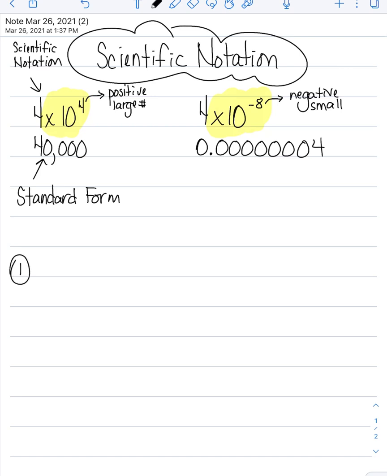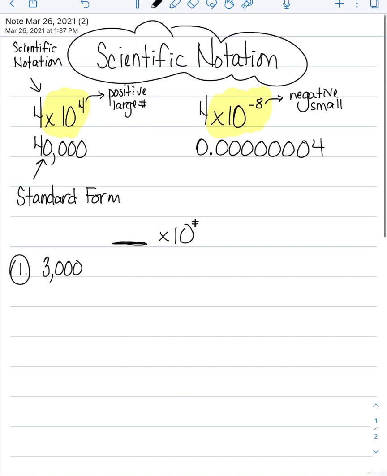So here's how we do it. The first thing we're going to do is I'm going to give you a number in standard form, and we're going to rewrite that in scientific notation. But here's what you need to know. It's always going to be some number times 10 to some power, and I'm going to put a little number sign there for the exponent.